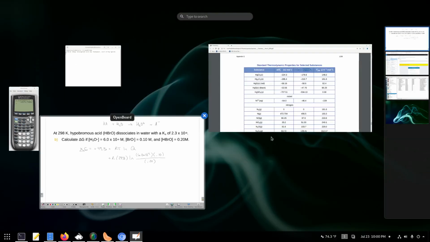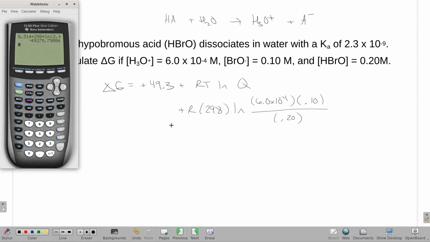Let's just plug it in and see what we get. So I'm going to solve my fraction first and then take the natural log of it. So 6 times 10 to the negative fourth times 0.1 divided by 0.2 gives us this. Take the natural log of that, 3 times 10 to the negative fourth. Then I'm going to multiply this by 298 and by R.